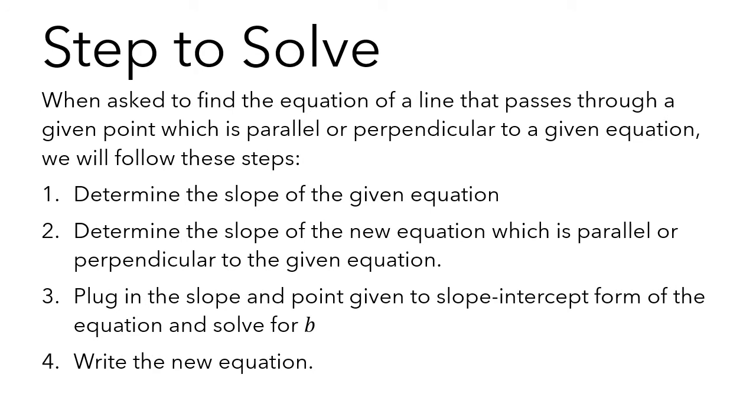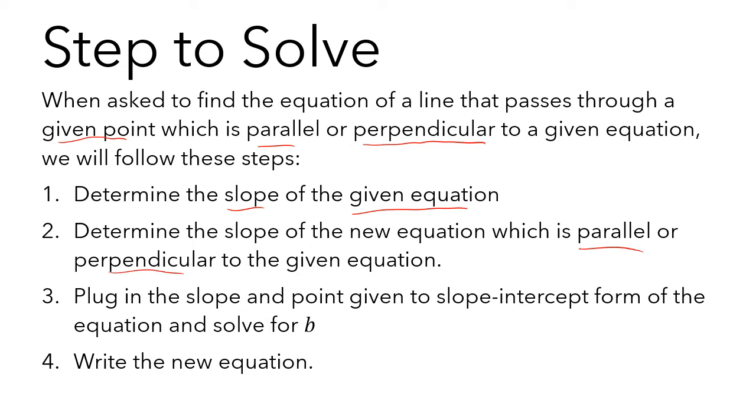When you're asked to find an equation of a line that passes through a given point, and you're told it has to be parallel or perpendicular to a given equation, you need to follow these steps. Step 1. Determine the slope of your given equation. That includes maybe changing it to slope-intercept form. Step 2, determine the slope of the new equation, which is either going to be parallel or perpendicular to the given one.